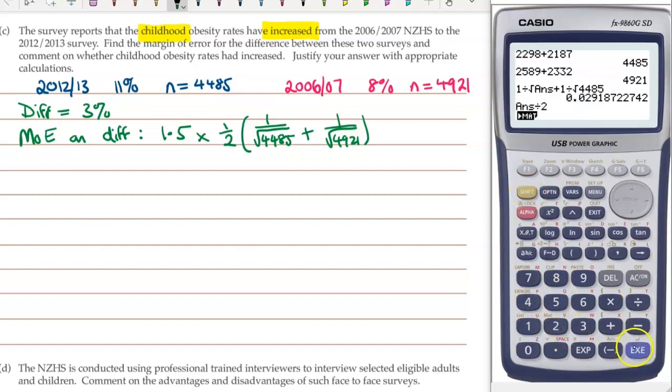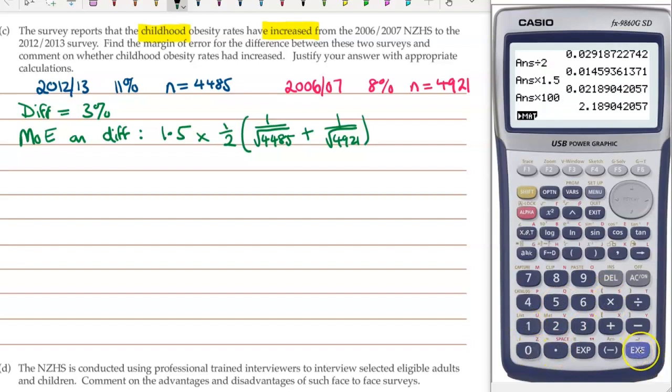So divide that by 2. We've got the average margin of error, now times it by 1.5 and turn it into a percentage. So that's going to be plus or minus 2.2%.